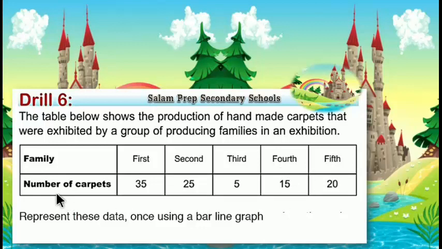The number of carpets for each family are 35 first family, 25 second family, 5 third, 15 fourth, 20 fifth. Represent these data using a bar graph.